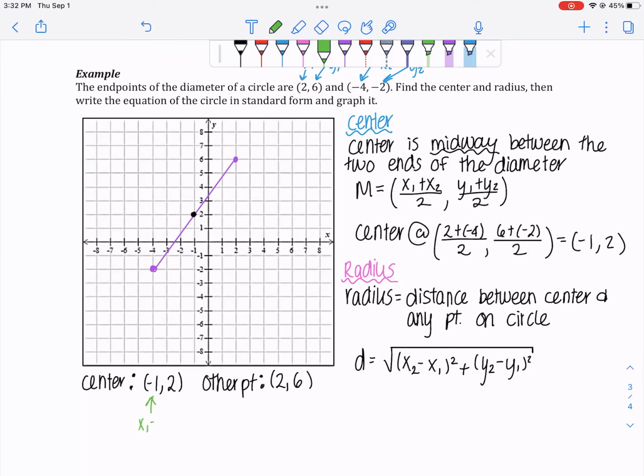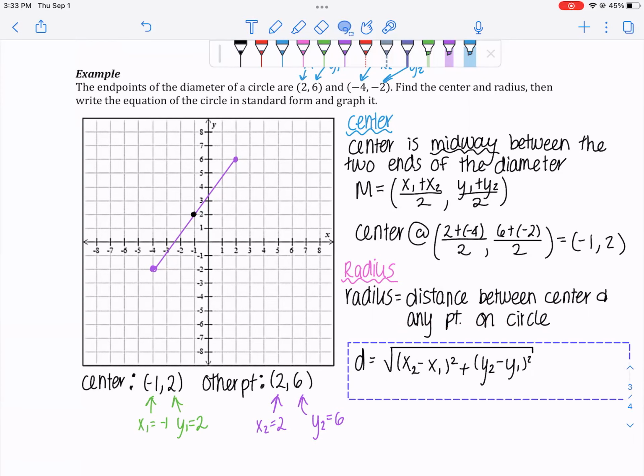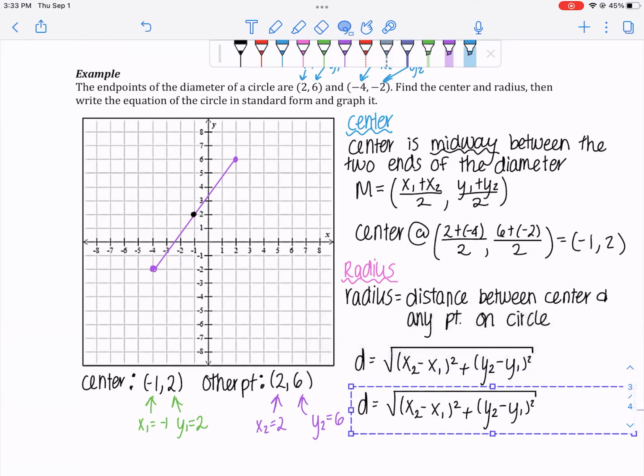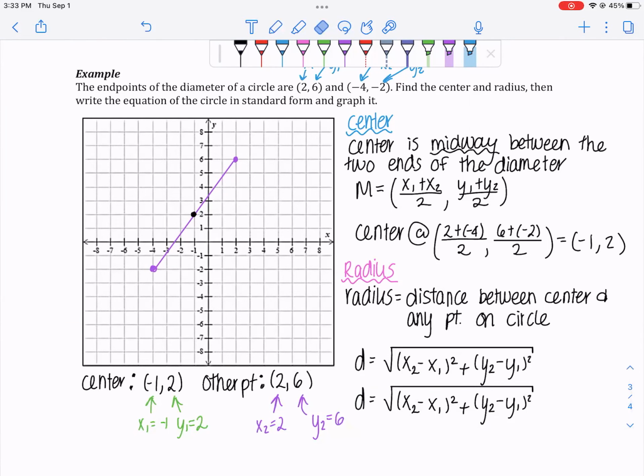So we have x1 is -1, y1 is 2, x2 is 2, and y2 is 6. I am plugging those values into my formula over here. And because I am lazy, I'm just going to go ahead and duplicate and do a little erasing.